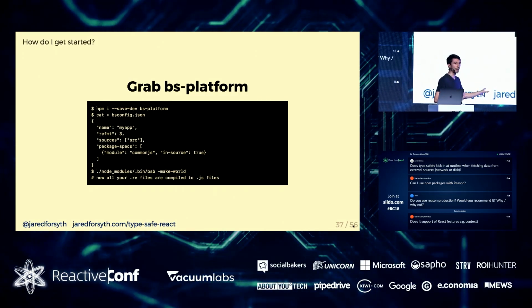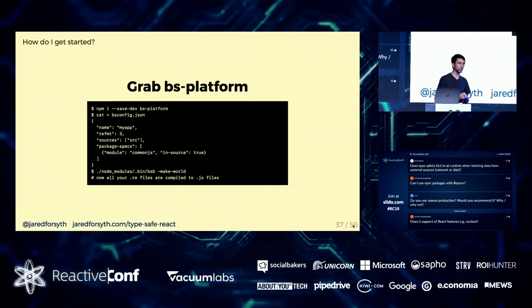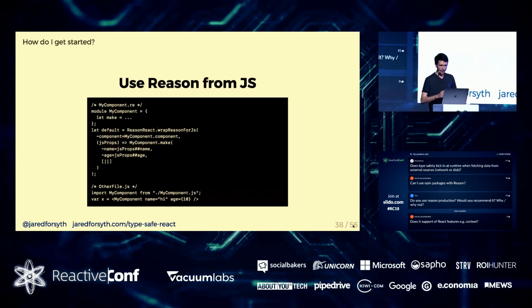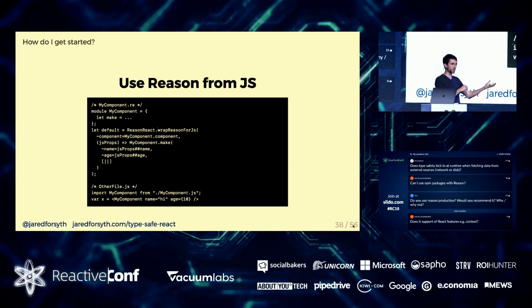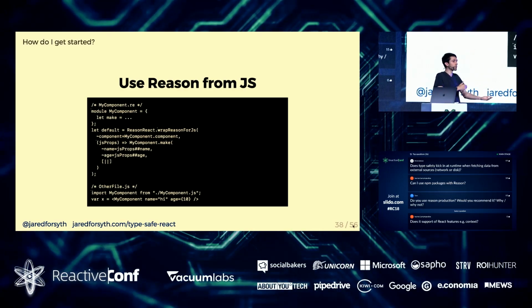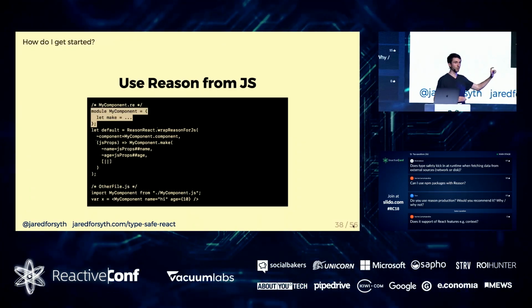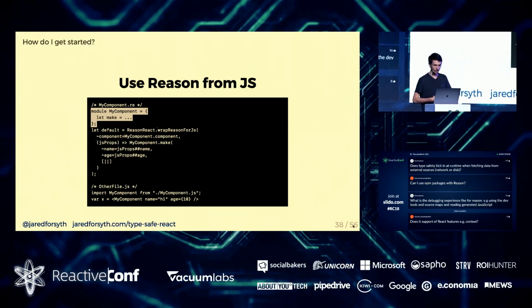And once you run these commands, for every .re file in your source directory, it will create a .js file right next to it. So say we've got this Reason component that we're building, and we want to use it from JavaScript, right? So at the top, we've got our module that has a make function in it, like I demoed earlier.